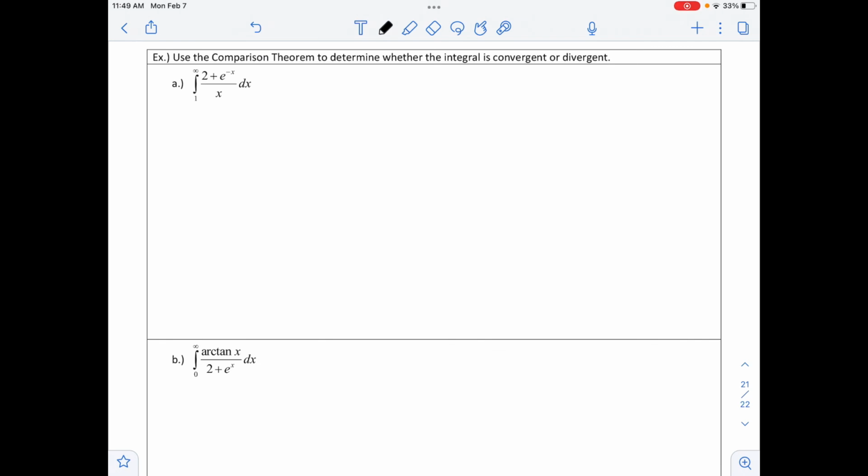So for the first problem here, we have the integral from 1 to infinity of 2 plus e to the negative x over x dx.